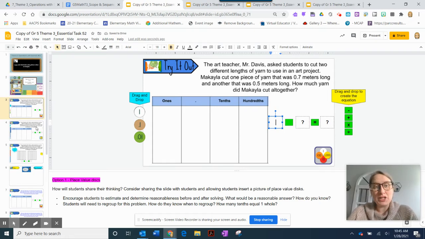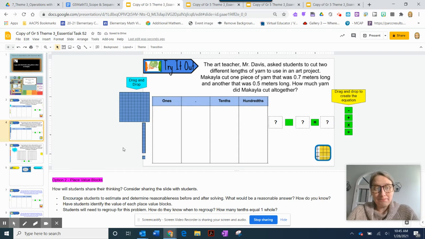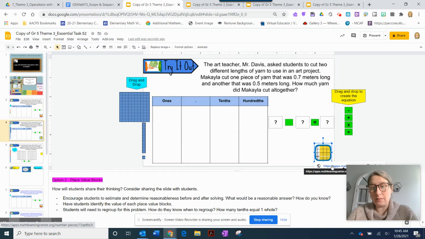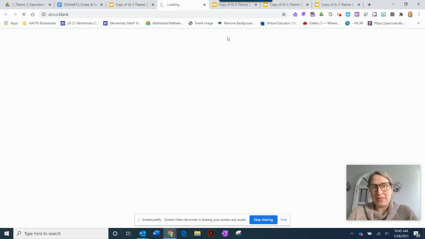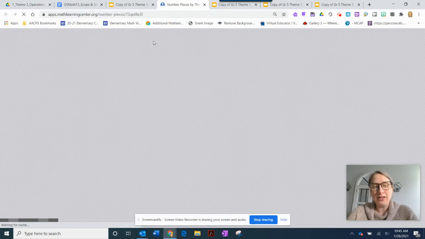So that's one option. Our next option is using place value blocks. They could use these blocks here on the slide, drag and drop, or they could use this number pieces math app. Every time this number pieces math app is there, you'll notice that the problem is also put in the slide.